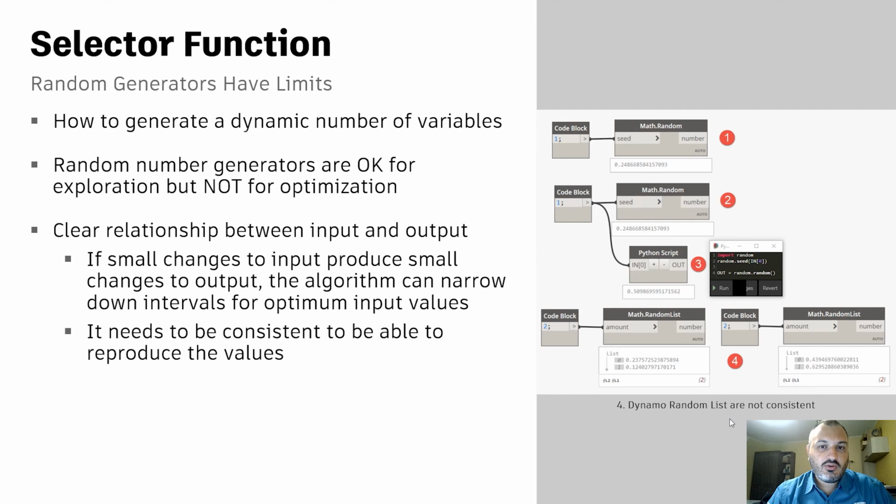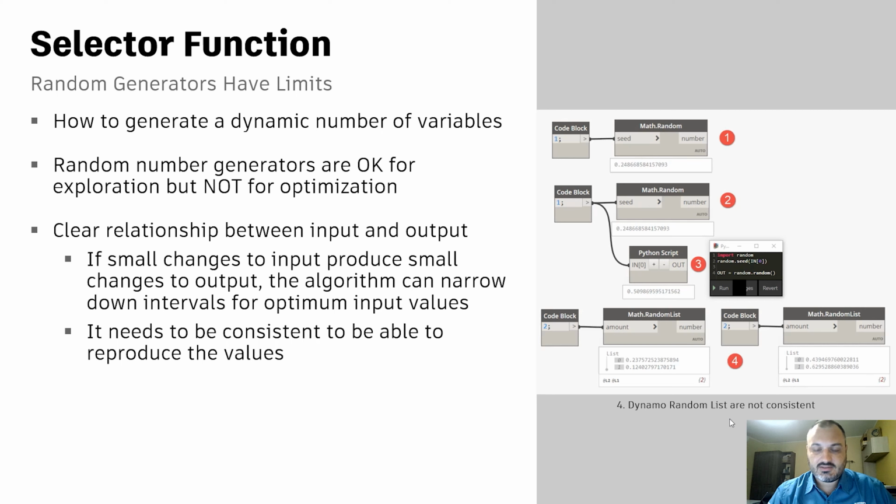Why? Because there's no clear correlation between the inputs that we're using and the outputs that are produced. So if we change a little bit the input, we should expect also a slight change in the output. But that's not the case with random generators. So this is not consistent, and it will cause us pain when we need to select the best option and reproduce it for automation.